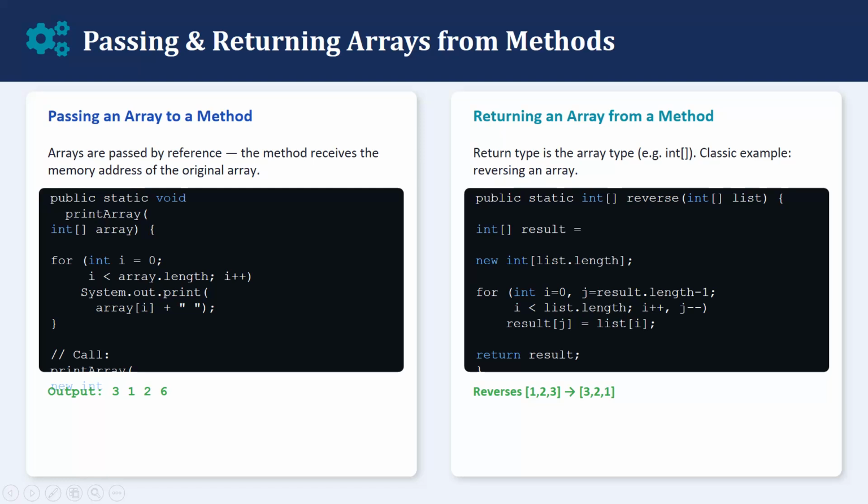The same way, you can return an array from a method, that is, returning the type in the array type using the int class, our classic example being the reverse of the values. When you're doing that, you have to declare it within the class. So you see up here, before you say public static void main, you are saying public static int. So here, this is an array that you are declaring inside there. And then you can reverse that array with the list that you want to be generated.